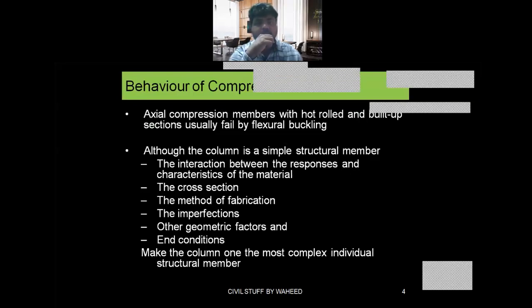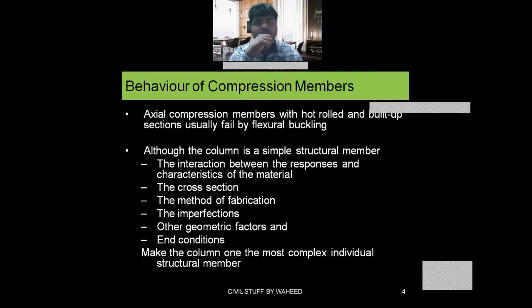Even though a column is a simple structure, the interaction between the responses and characteristics of the material, meaning material properties, will change the column behavior. Its cross section may change its behavior, and the method of fabrication, how it has been fabricated, whether welded or bolted or riveted.